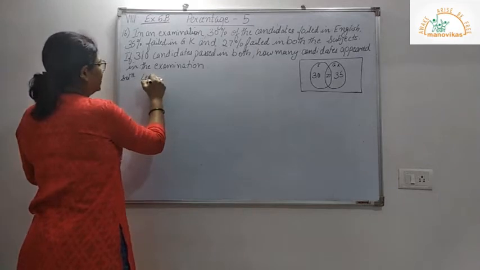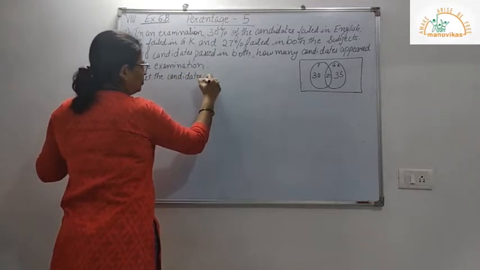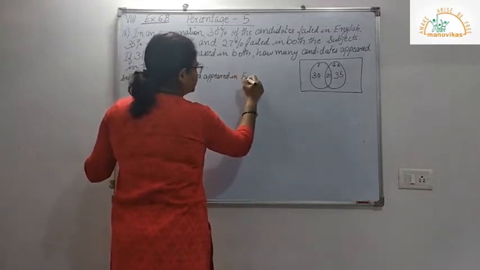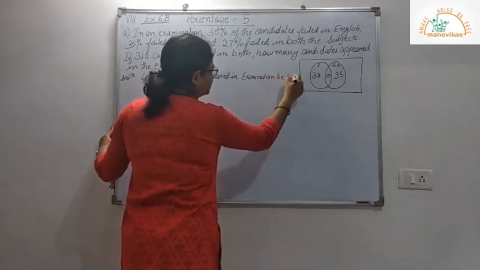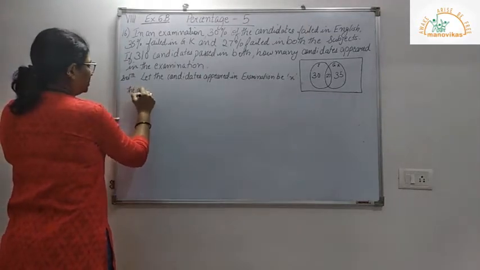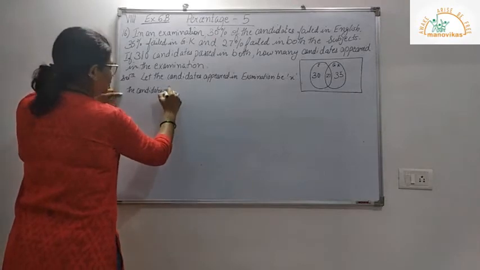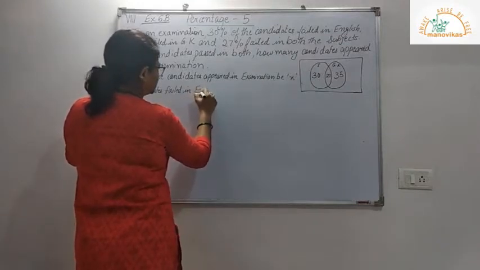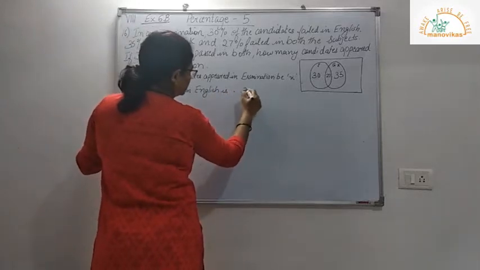So let the candidates appeared in examination be X. Now the candidates which failed in English is 30%.